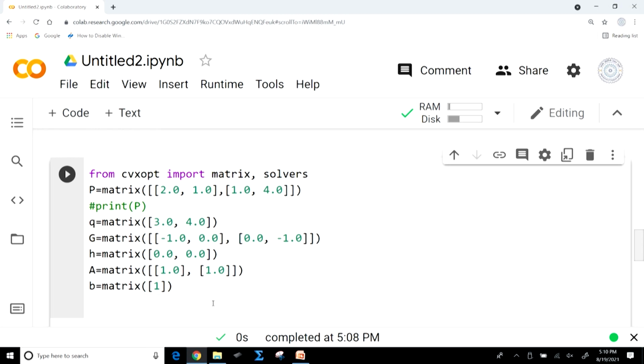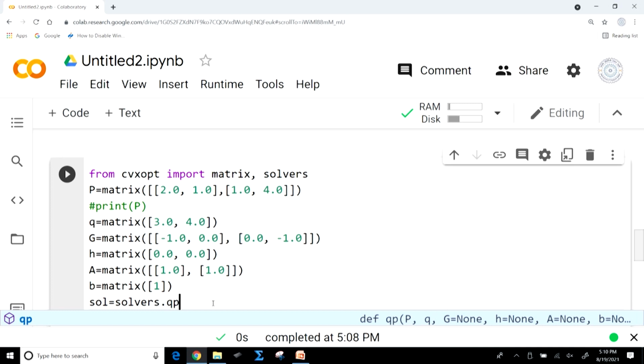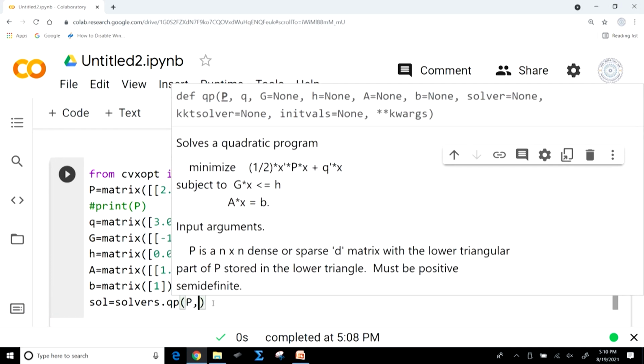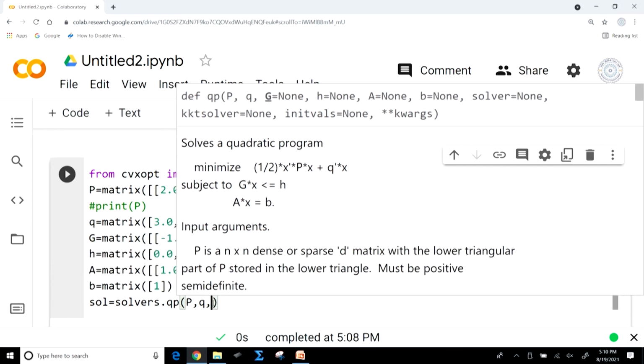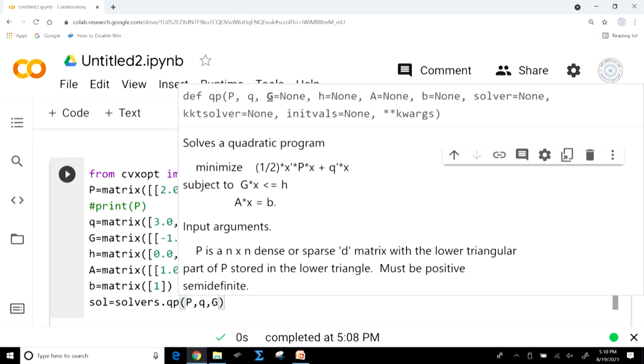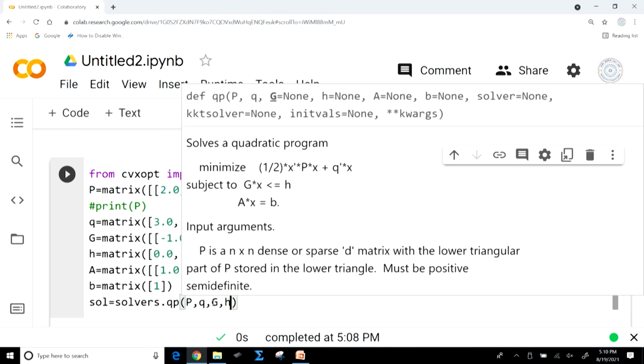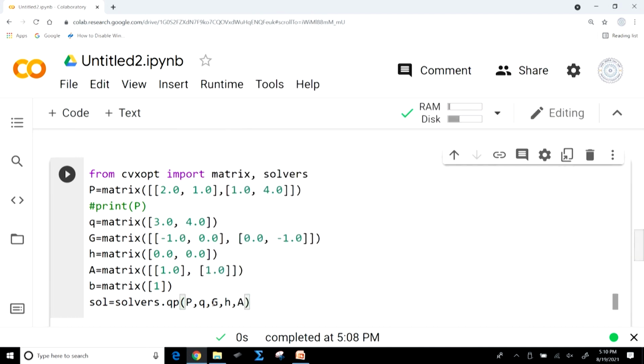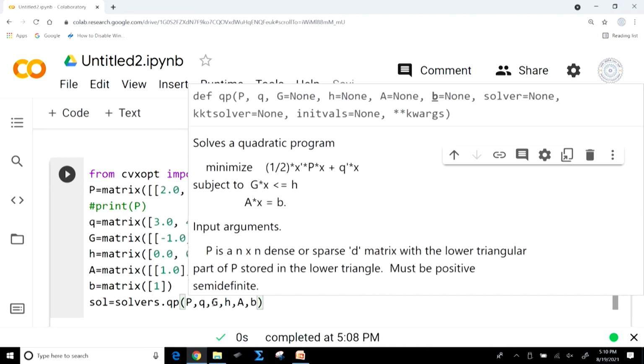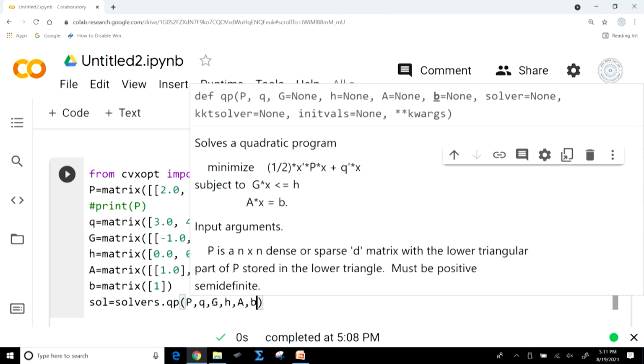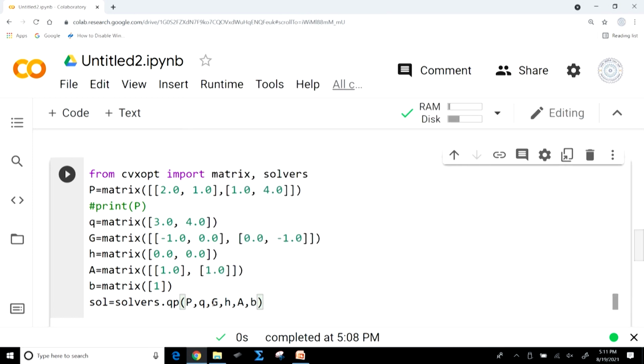Now we will use the solver. You can write solve equal to solvers.qp, and feed all the values: P, Q, capital G, H, capital A, then B. So it is P, Q, G, H, A, B. Fine.